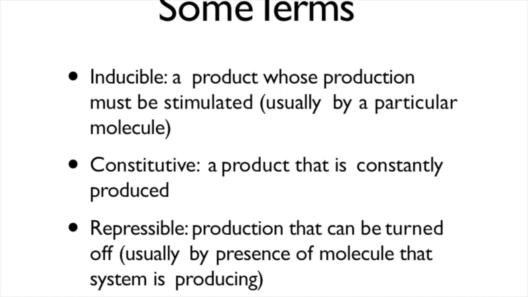So it runs and produces a particular molecule, but if you end up with so much of it around that some of it interacts with the gene region itself, it can turn off the production of it because you've obviously got enough of it in the system. Okay? So these are genes that are in this order as presented here. You can turn them on, they're always on, or you can turn them off.